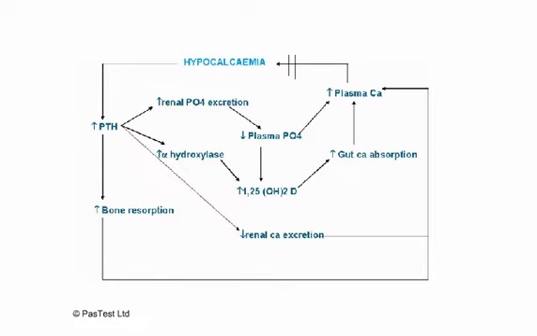PTH can also reduce renal calcium excretion and increase renal phosphate excretion, both having an effect to increase the plasma calcium. On the bone, PTH can cause bone resorption, again leading to an increased plasma calcium level.